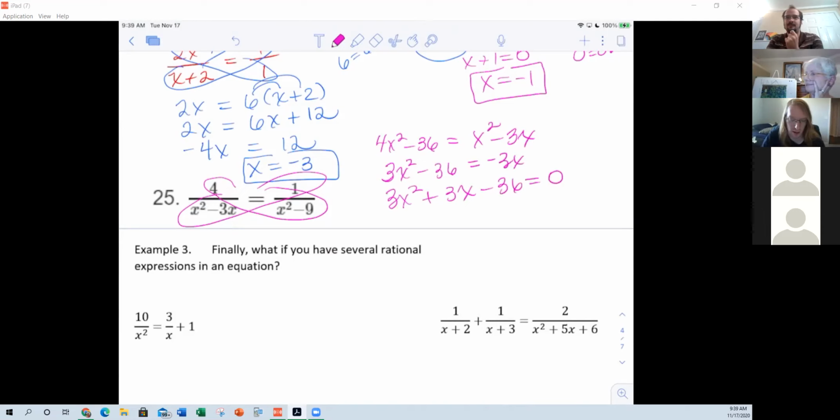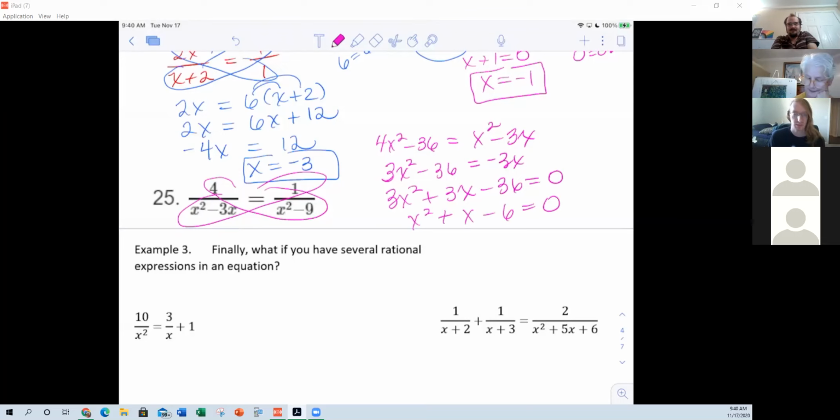And then I solved by taking out a GCF and then factoring that equation. Great. If you can see to take out that GCF, that's really going to help you, right? And then it should be -12.